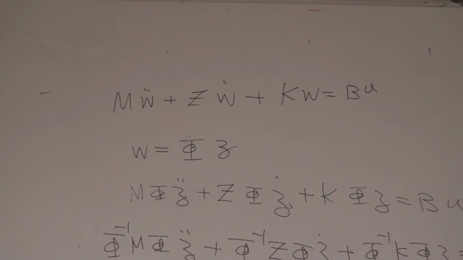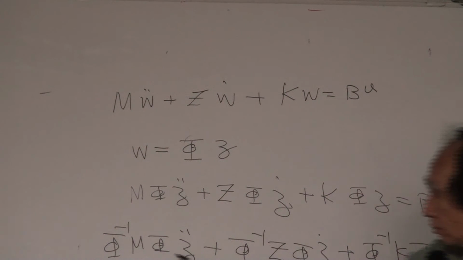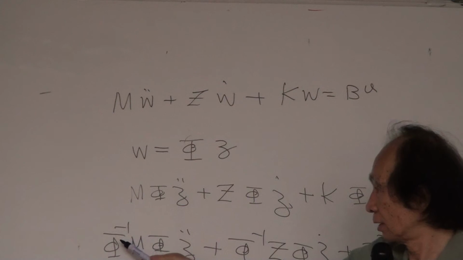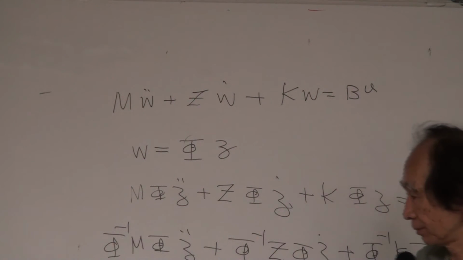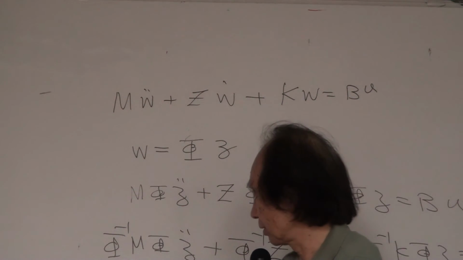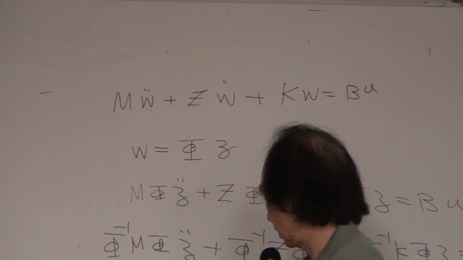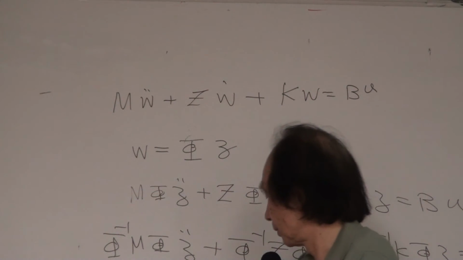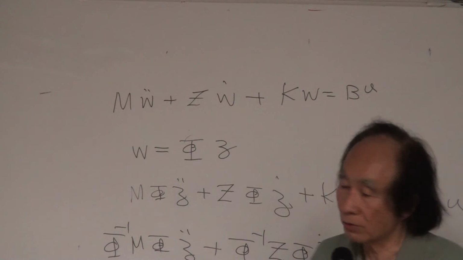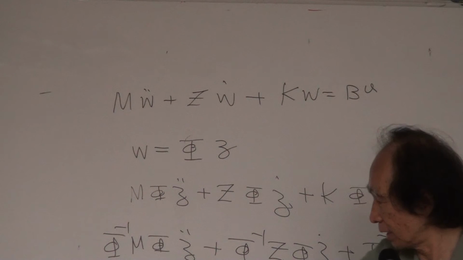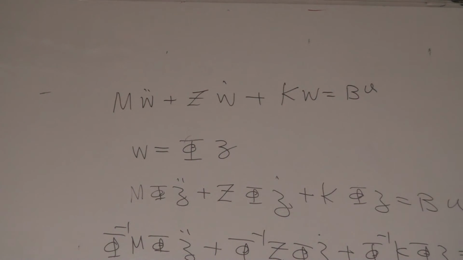Now for the transformation matrix we have to use phi inverse. But in some cases phi inverse equals phi transpose. There are some transformation matrices for which phi inverse equals phi transpose.